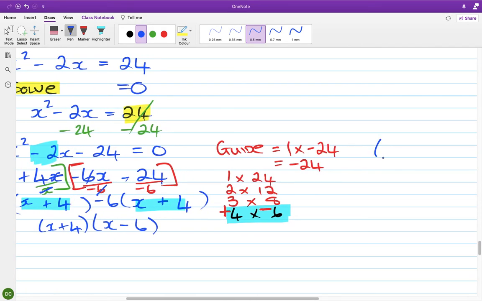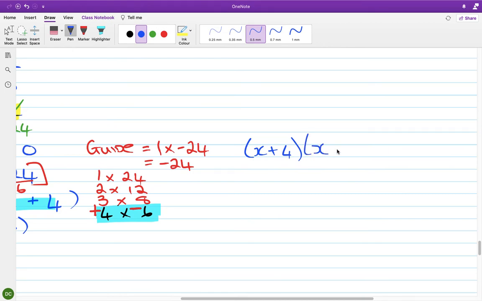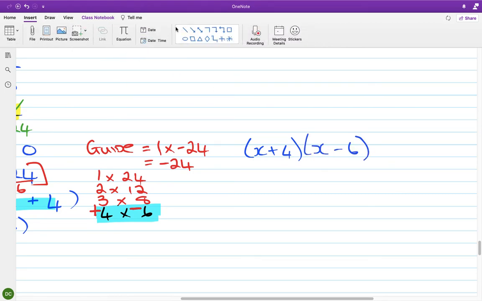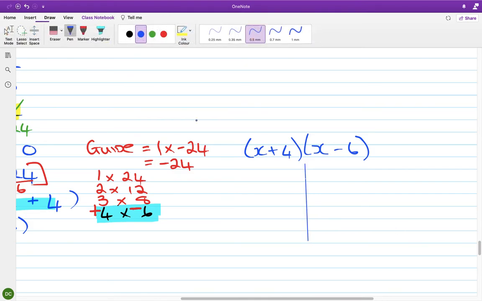Okay, so solve x plus 4 and x minus 6. Split the page. So we get x plus 4 equals 0, x minus 6 equals 0. This needs to be minus 4 and minus 4, so x equals minus 4.